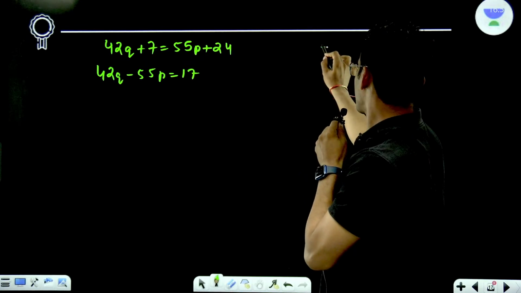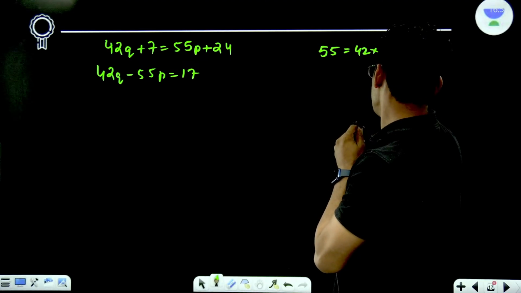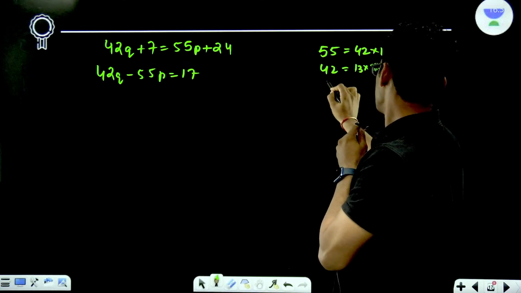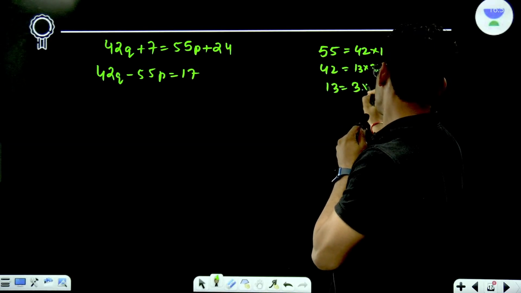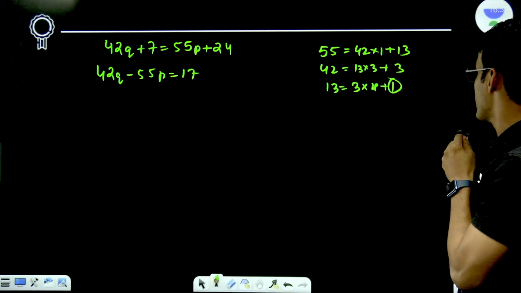Again, I will write 55 as 42 times 1 plus 13. 42 is 13 times 3 plus 3. 13 is equal to 3 times 4 plus 1. That is how I have 1.